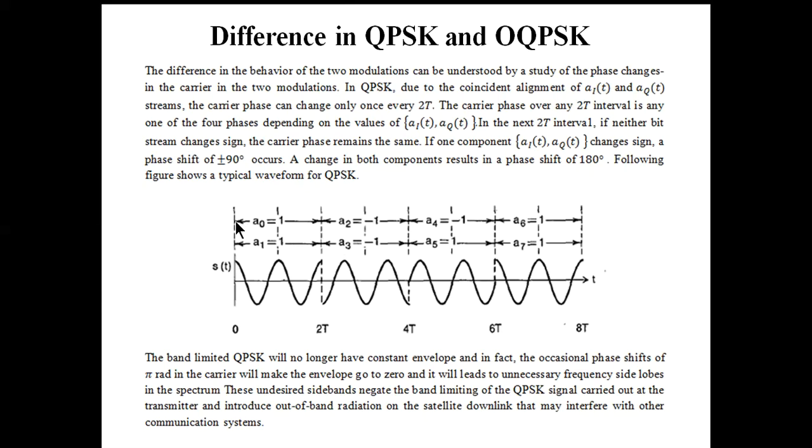As both of them start from 0 seconds, they are coincidently aligned. So the phase of the carrier can change only after 2T seconds, because in the in-phase or quadrature bit stream the symbol duration is 2T seconds.